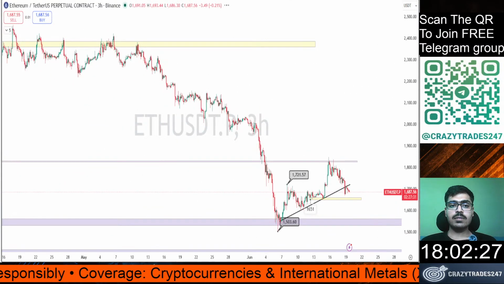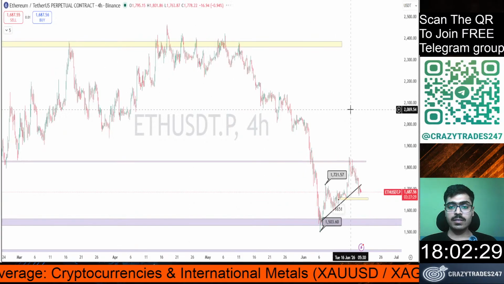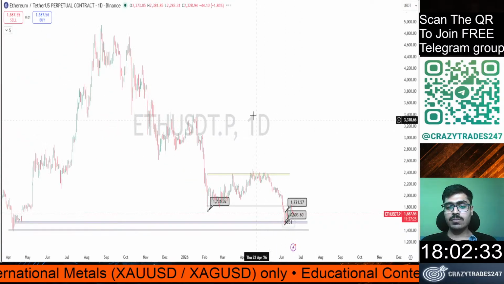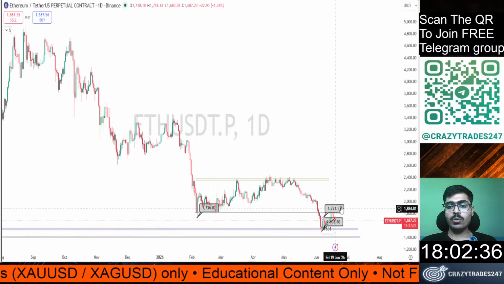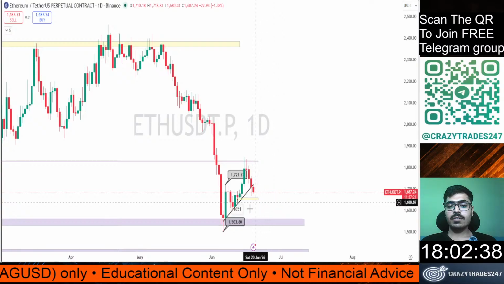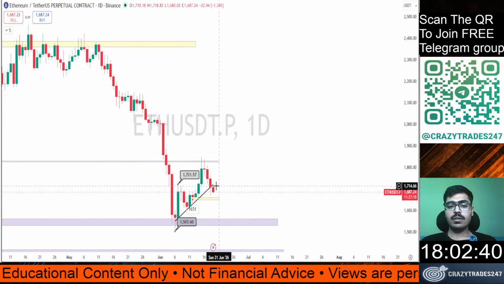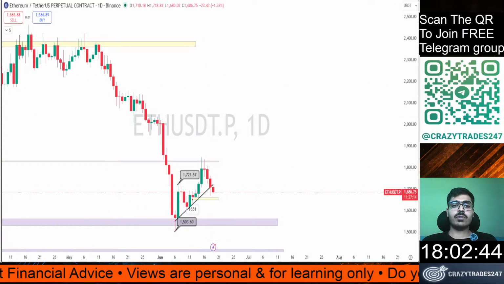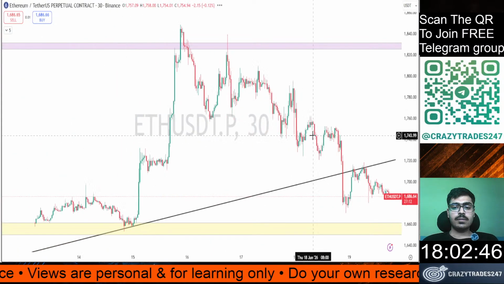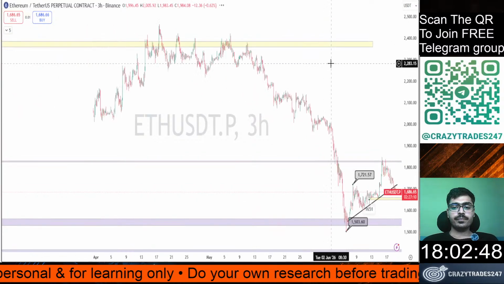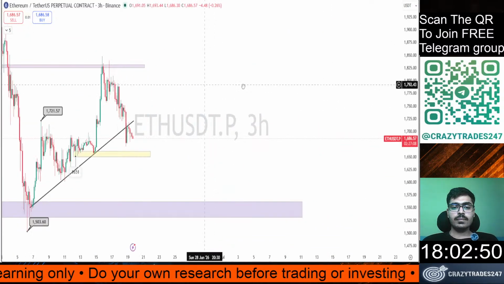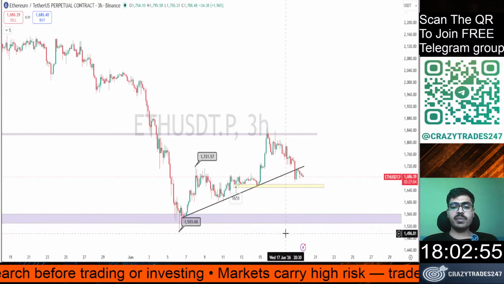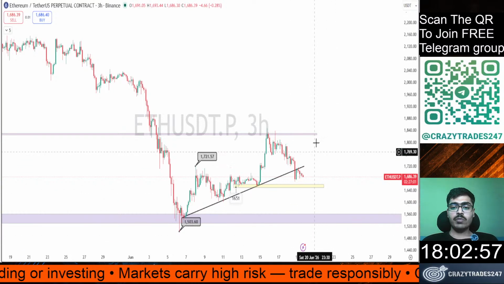For this price structure to stay intact, it has to make a lower low if price declines below the support that we are witnessing right now at 1651. Yes, if price declines below this level, it's almost certain that price will give breakout below this level and make a newer low.